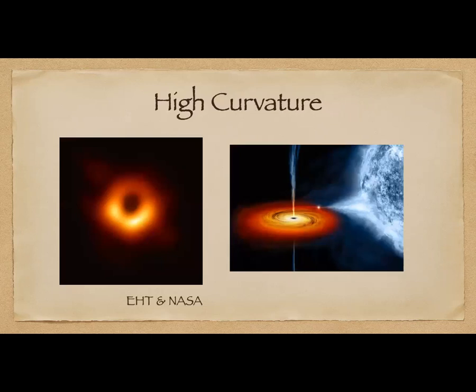And we know why we have to understand curvature, because we have experimentally verified the existence of bizarre geometries like black holes, and we have real images of the existence of a black hole horizon. And it is there that we have high curvature systems.